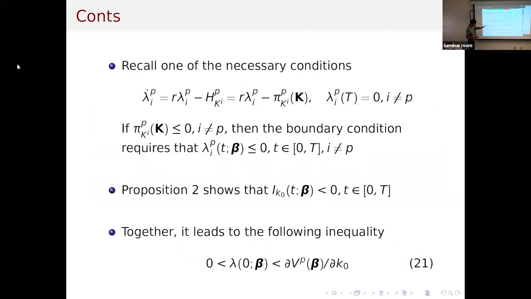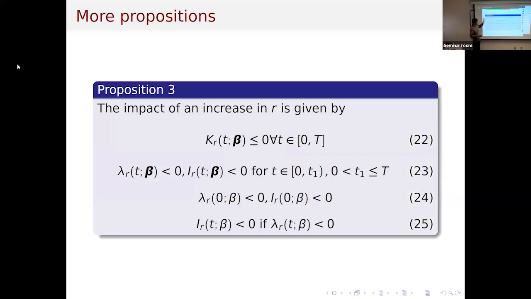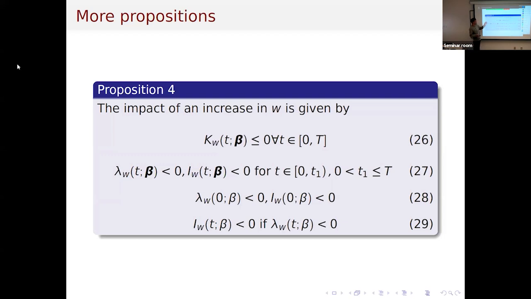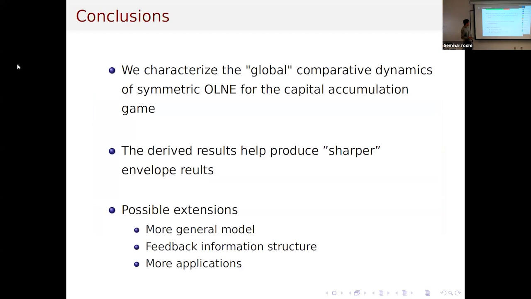Okay, so that's what we have. Basically, the rest of the proposition is just repeating work, so I will probably skip it. We actually do this comparative dynamics for all the parameters.